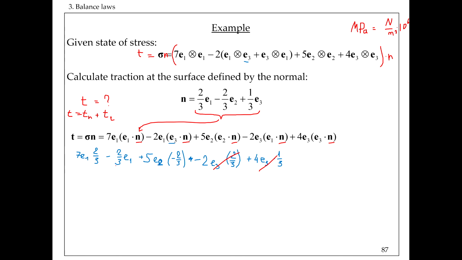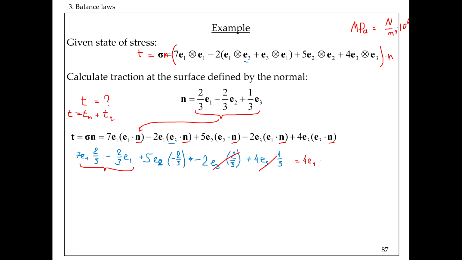With e1 we had 7 of these that were 2/3, minus 1 of this, so we have 6 of these 2/3, eventually 4e1.